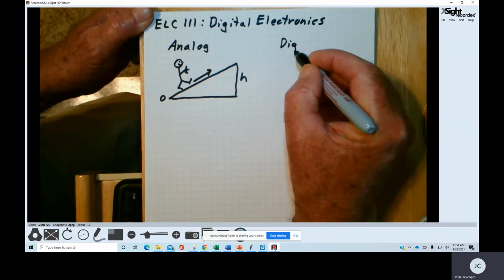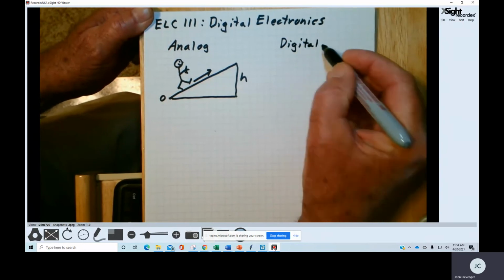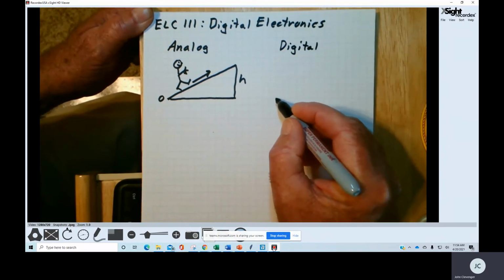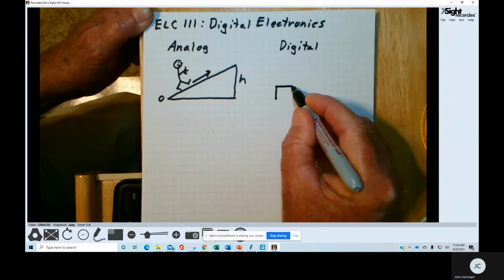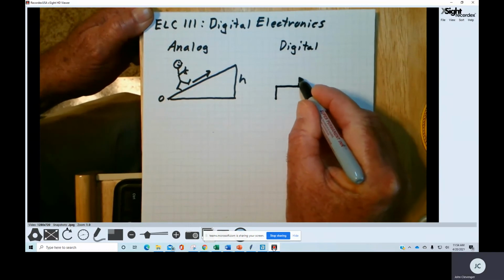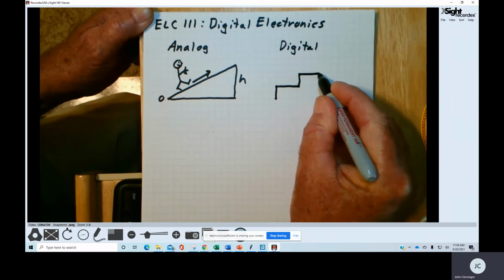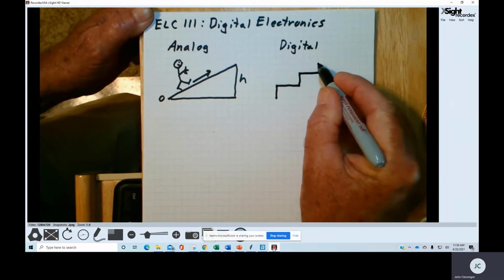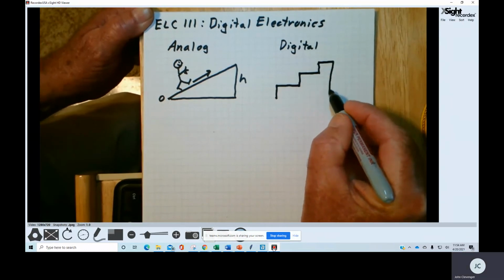Conversely, if we think about a digital system, then the digital system has discrete or set points, such as we find with a set of stairs.